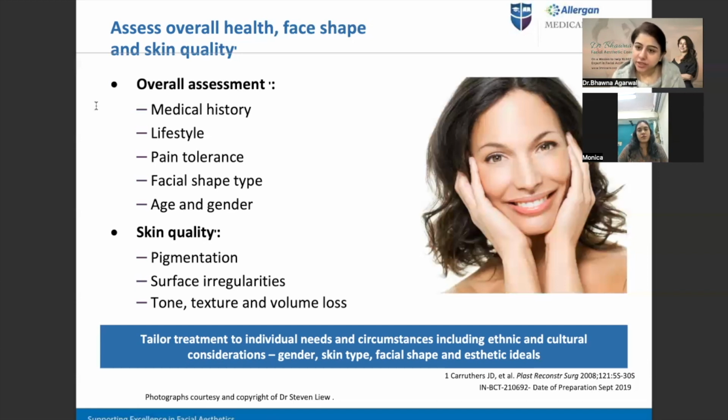Now, if my skin quality is good, but I have just smile lines or marionette lines, it is okay. It won't be a matter of concern to me if my skin quality is good. Which is why they feel that skin quality is more important in reflecting your age as compared to the other sporadic signs of aging, right?